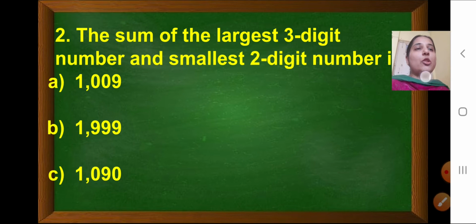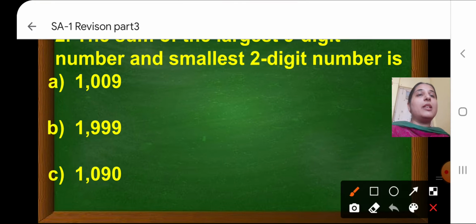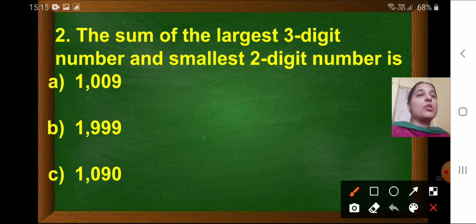Now question number 2: the sum of the largest 3-digit number and smallest 2-digit number is. So first children, let's write the largest 3-digit number. So what will be the largest 3-digit number? It will be 999, isn't it?